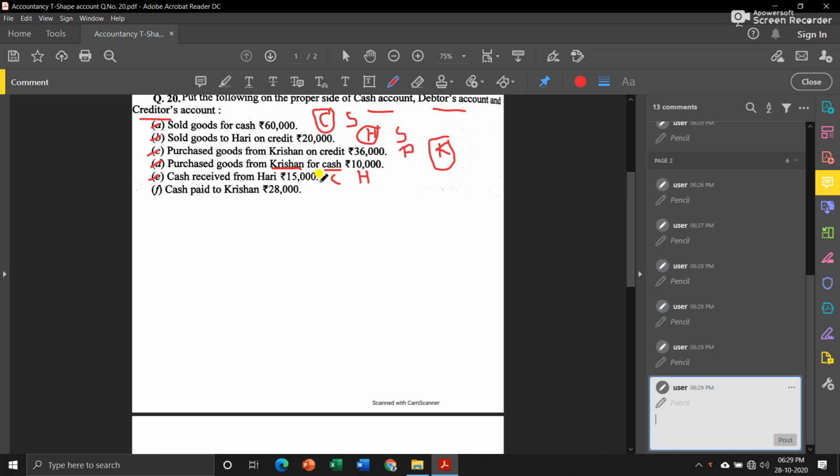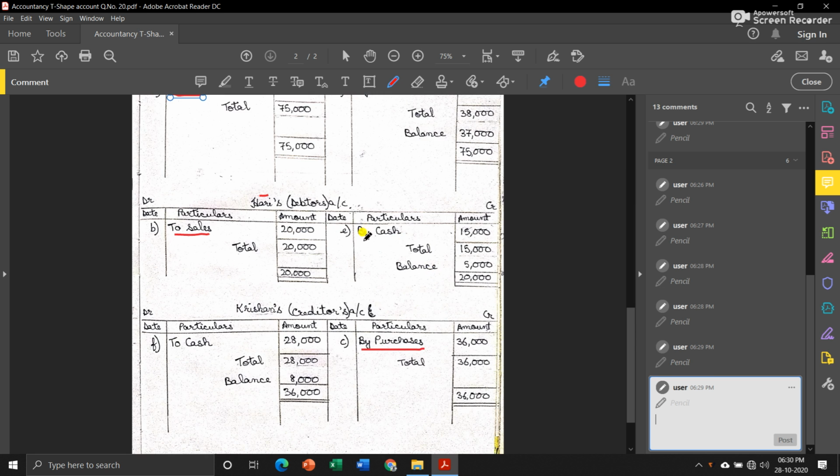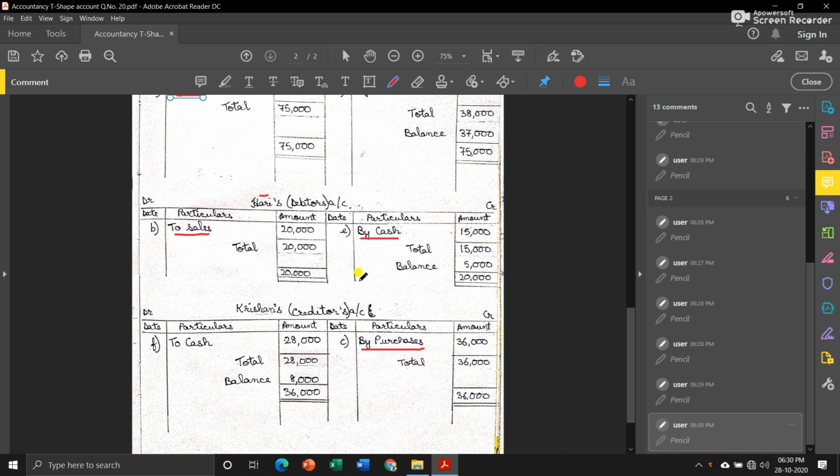And since we are receiving from Hari, he is our debtor, that means another asset of ours. While paying this 15,000, his due to us is also decreasing, that means Hari's amount of debt is decreasing, so another asset is decreasing, so we will record it on the credit side by writing by cash 15,000.